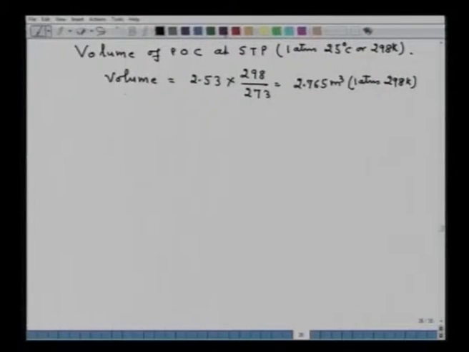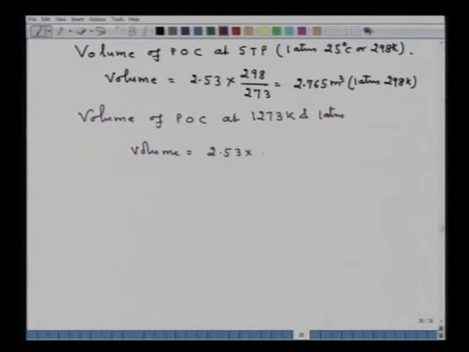So, volume of POC at 1273 Kelvin, which is equal to 1000 degrees Celsius, and 1 atm pressure, this volume will be equal to 2.53 into 1273 upon 273, and this is equal to 11.8 meter cube.